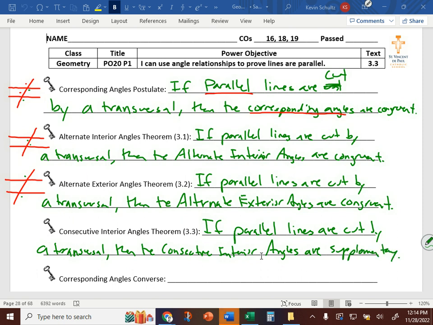Remember, this is the one that is different, supplementary. Okay, all the other relationships are congruent except for consecutive interior angles. They are supplementary, meaning they add to be 180.